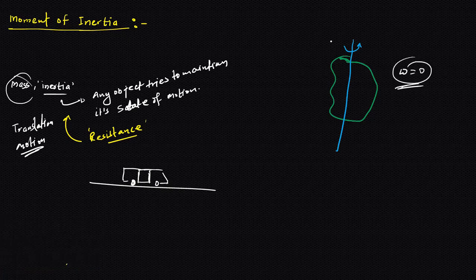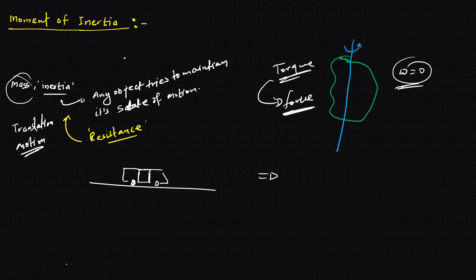Now, if you want to give some omega, you need to apply some external torque, or here you can just take it as a force, to give it some angular velocity. So this object also has inertia to maintain its state of rotational motion.